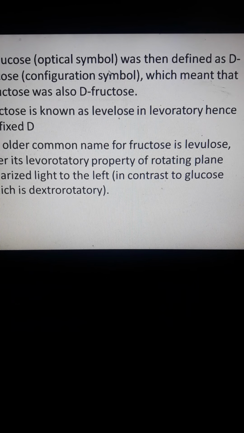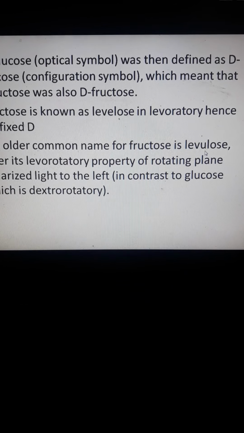D glucose optical symbol was defined as D glucose, the configuration, which meant L fructose was also D fructose. Okay, L fructose is known to be levulose in the laboratory, hence the prefix is D. Okay, so the older name of fructose is levulose, that's why it is called L levulose, but also it is D fructose.